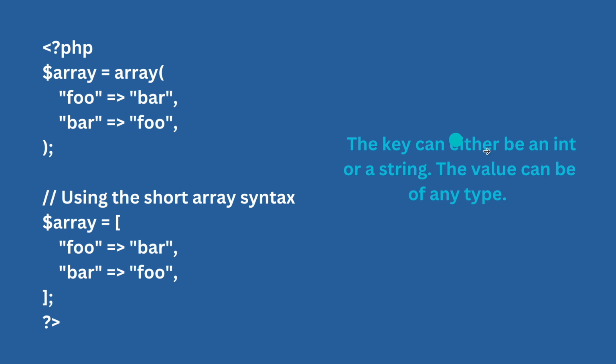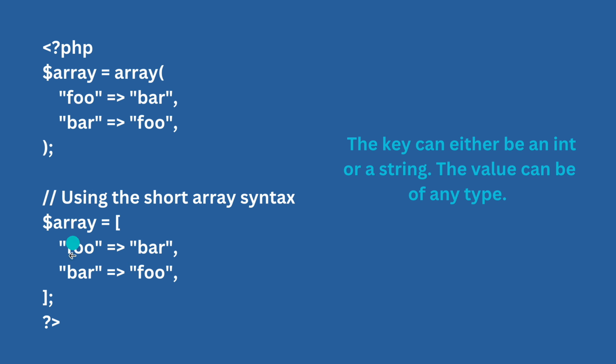So the key can either be integer or string, and the value can be of any type. This is the key. I used the array function to create this array, and I've just used the square bracket.